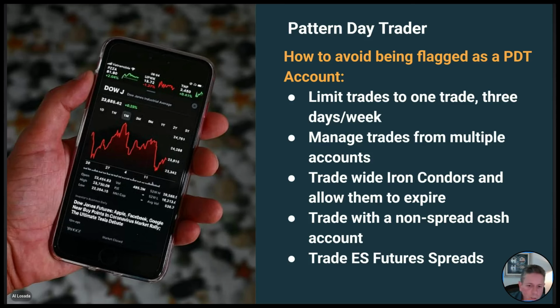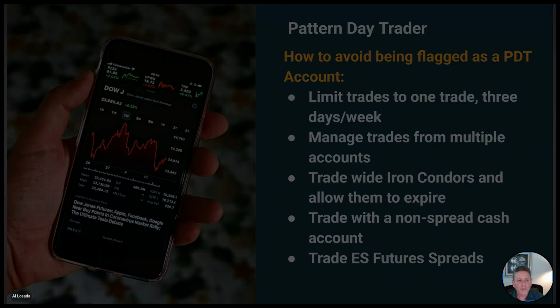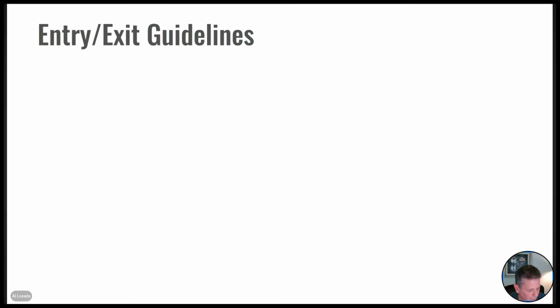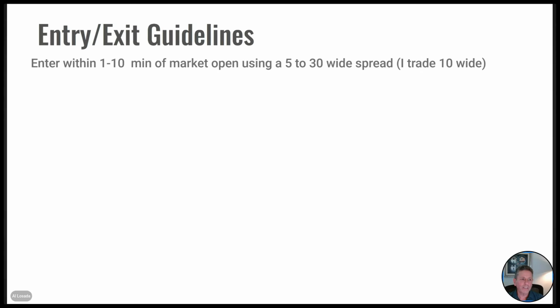So you have to make sure. Sometimes I'll put on a trade and take it off because I made an error, but you'll get dinged for that as well. There's no compensation there. All right, so let's talk about the guidelines here.